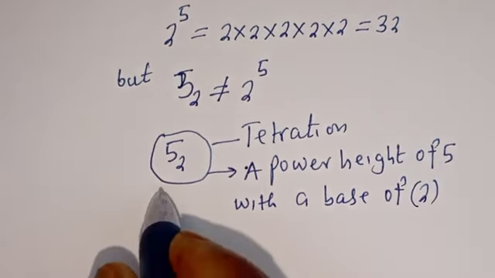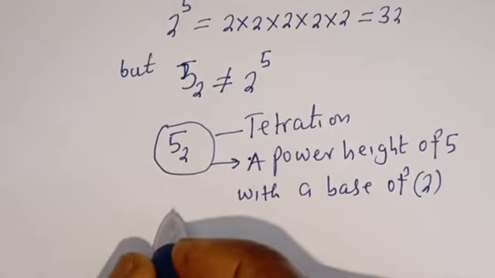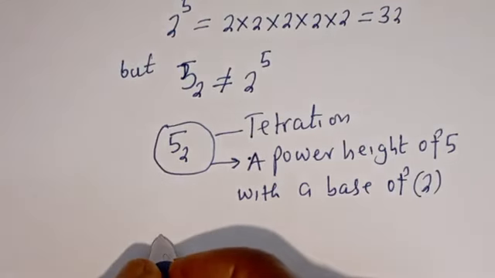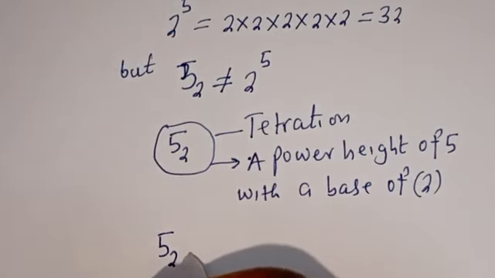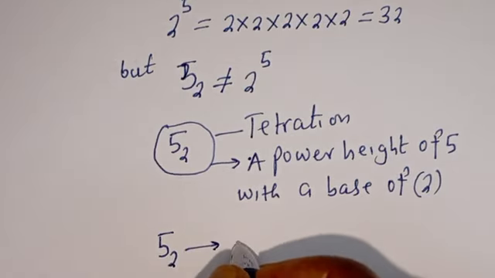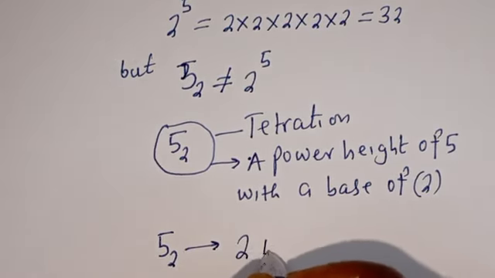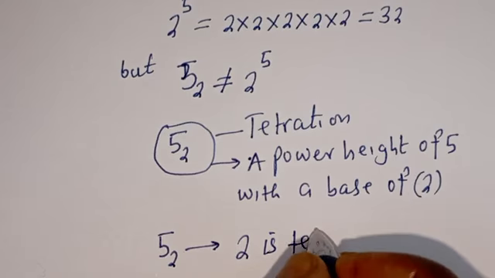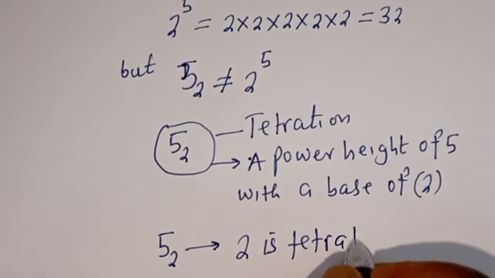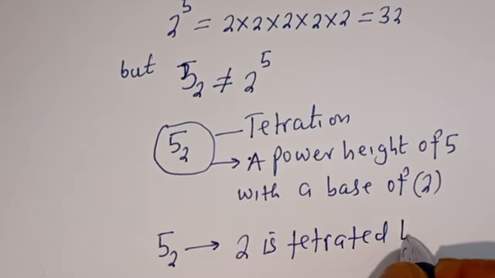And this equation means 2 is tetrated to 5. Simply means 2 is tetrated to 5.